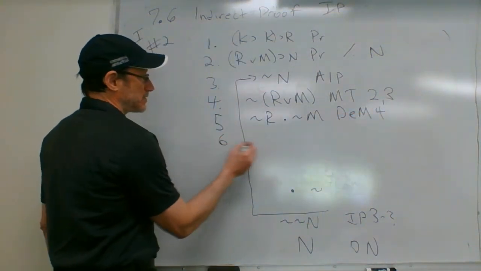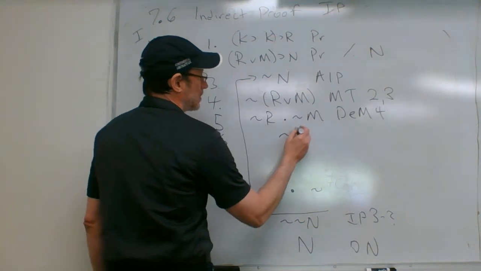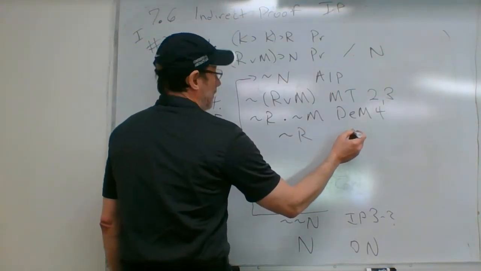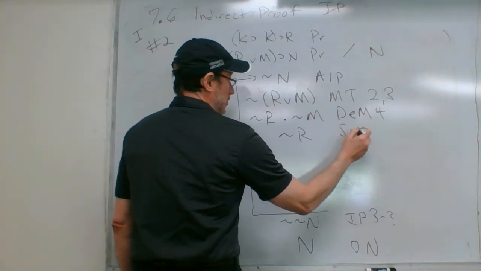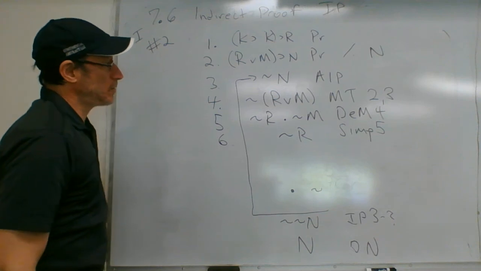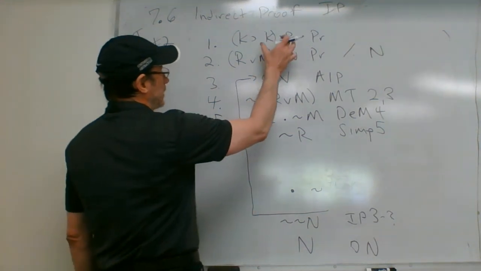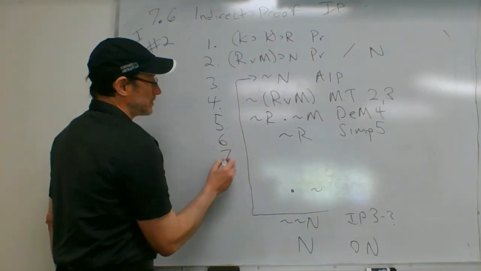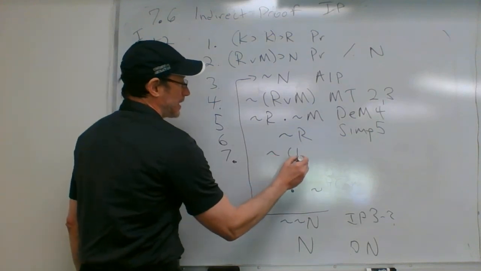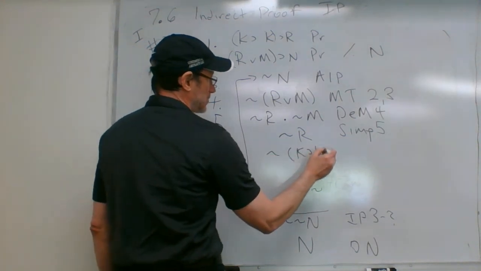And now I can break this down. I have not R. That would be a simplification on 5. And now I can do a modus tollens on 1 and 6 to get not K horseshoe K.